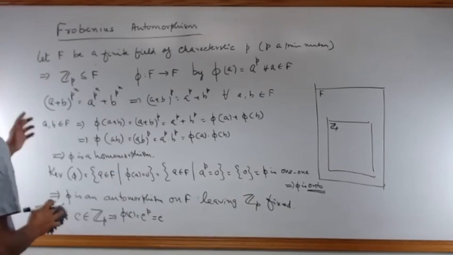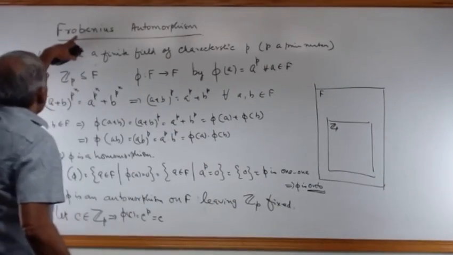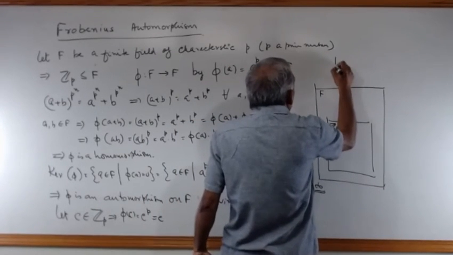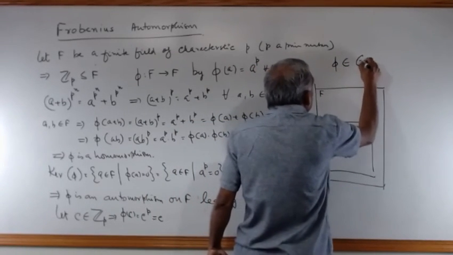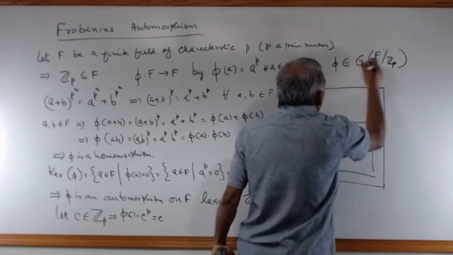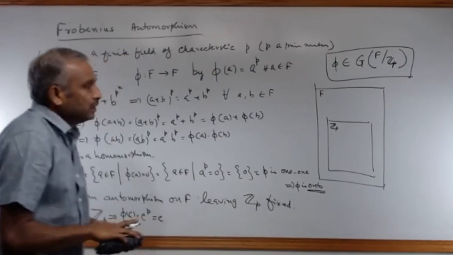So this Frobenius automorphism belongs to G of F over Z_P. We need to do one more result on this.